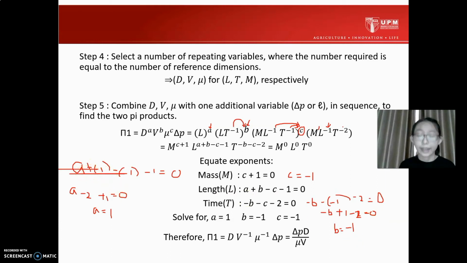A plus negative 1 minus negative 1 minus 1 is equal to 0. A minus 2 plus 1 is equal to 0. A is equal to 1. Therefore, D, V to the power of negative 1, viscosity to the power of negative 1, pressure drop is equal to pressure drop times diameter over viscosity times velocity.